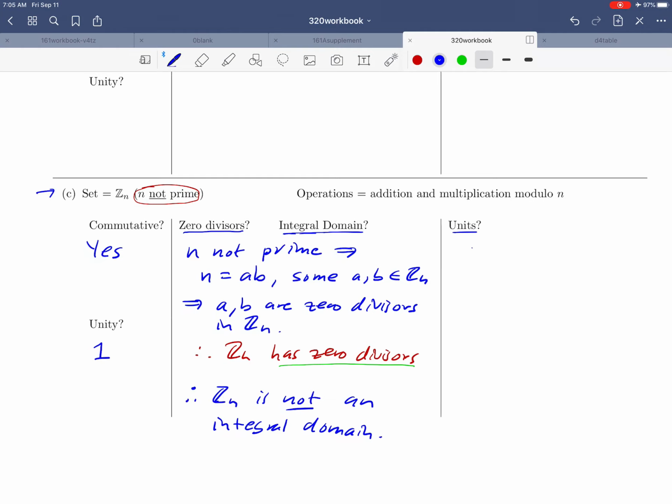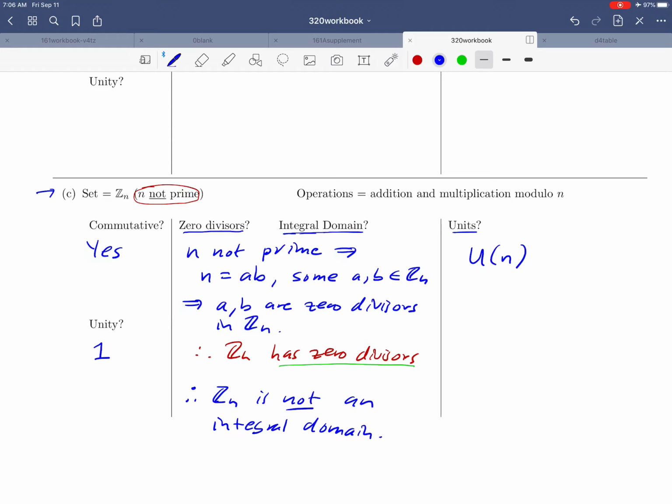And in fact, you have notation for that, U(n). You might remember this as a group that you studied earlier in the course. The set of all integers between 1 and n minus 1 that are relatively prime with n, those are exactly the units in this ring Zn, as it turns out.